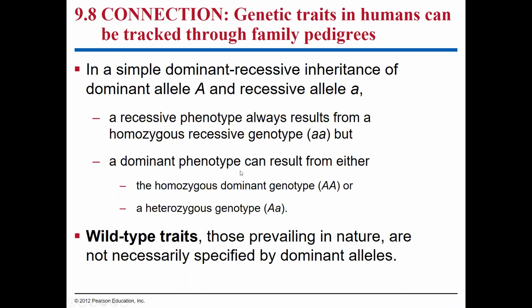However, the dominant phenotype can either be homozygous dominant with both dominant alleles or heterozygous with one dominant and one recessive allele. Now, in nature, wild type traits may be what's observed. It's not necessarily specified by a dominant allele. So sometimes the prevailing trait could be the recessive genotype.